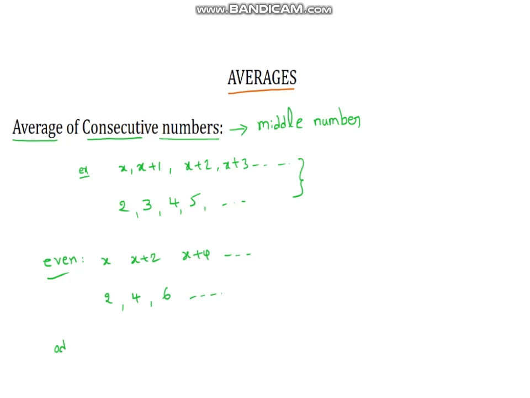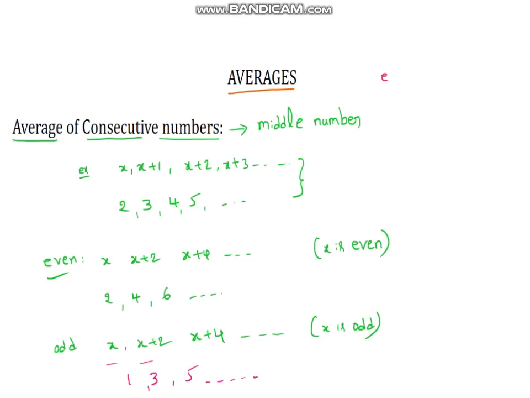For odd numbers, x, x plus 2, x plus 4, here x is odd. Let us take x equal to 1; 1, 3, 5 and so on are examples of consecutive odd numbers.